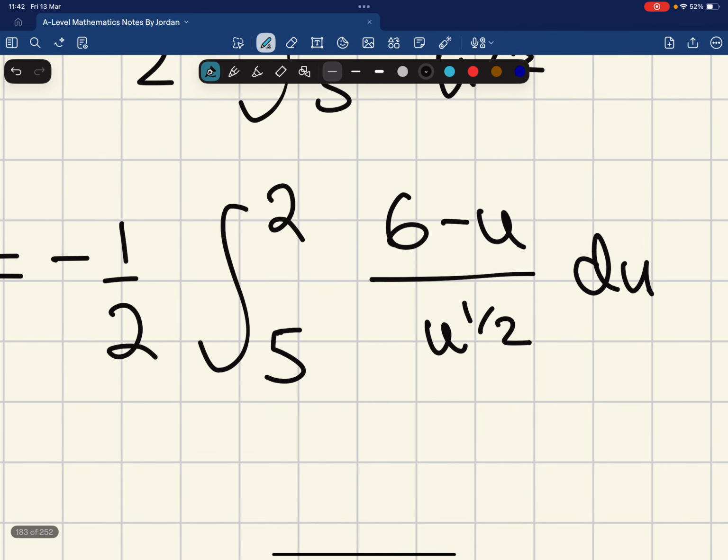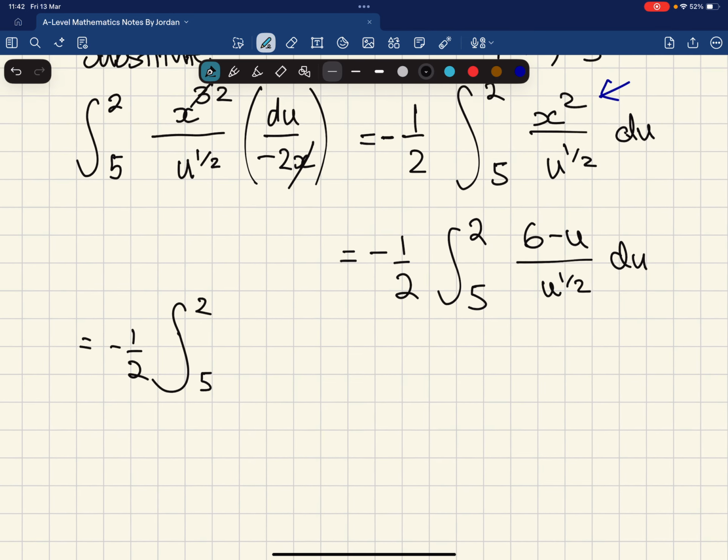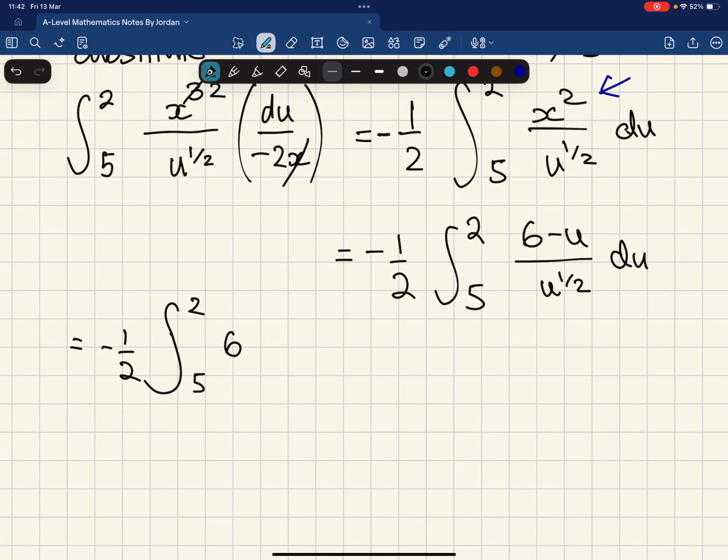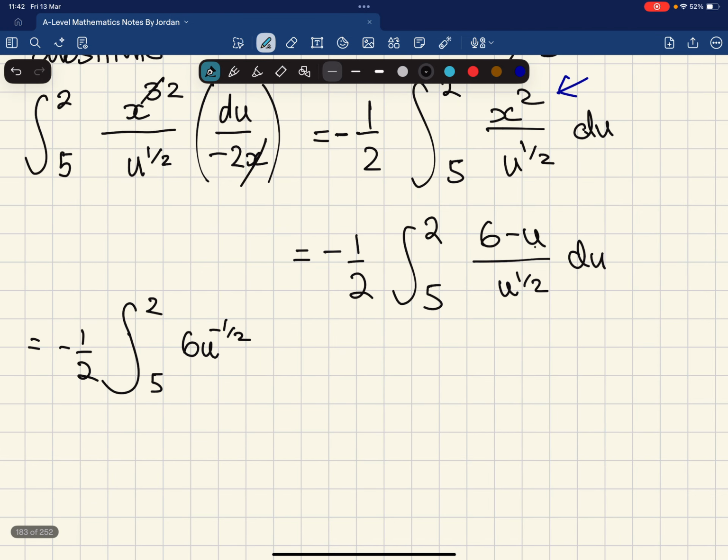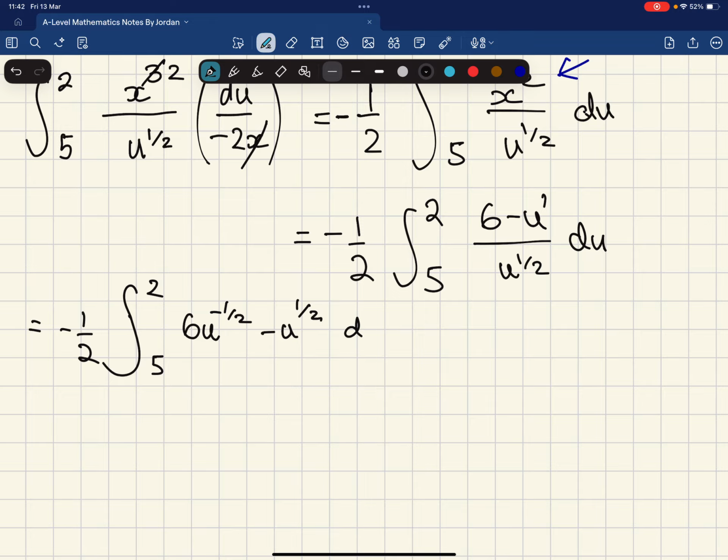So looking at this, if I do 6 divided by u to the half, that will give me 6u to the minus 1/2. Then I've got minus u here divided by u to the half. That's going to give me minus u to the half, because there's a power of 1 there.